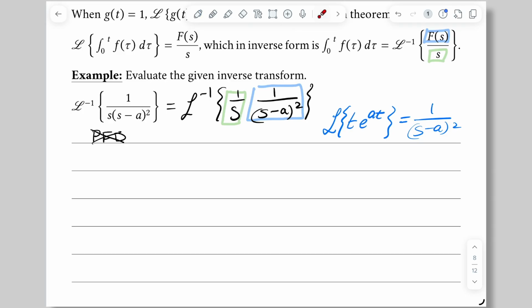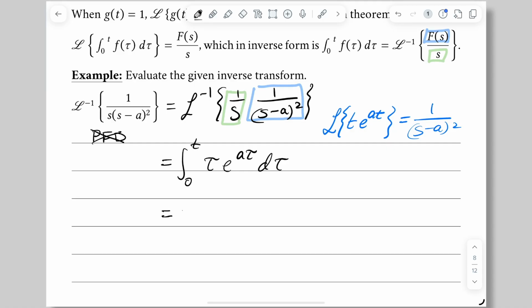It's just an inverse transform of t with a shift. So that t e to the at can go into an integral. So this inverse transform is the integral from 0 to t of tau e to the a tau with respect to tau. There's nothing exotic here.